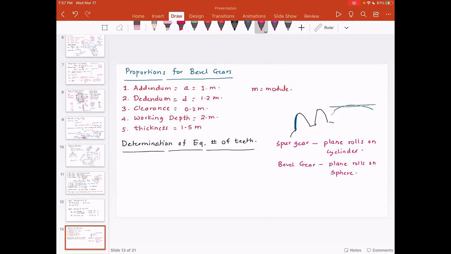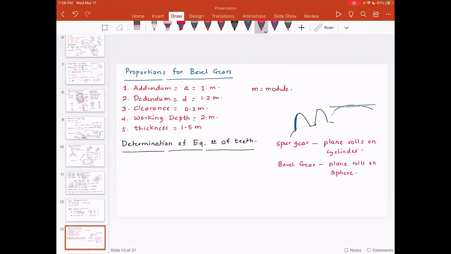This is a 3-dimensional geometry, and it is not possible to completely express this 3D geometry onto a 2D plane.